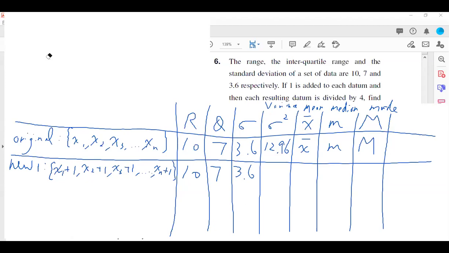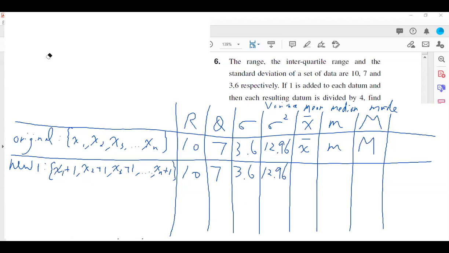And then the sigma square, the variance is equal to 3.6 square. It's still equal to 12.96. Okay? But the mean, median, and mode will be changed. Okay?